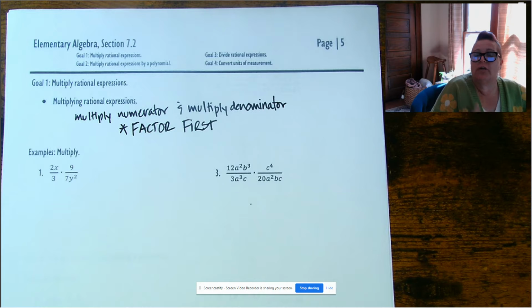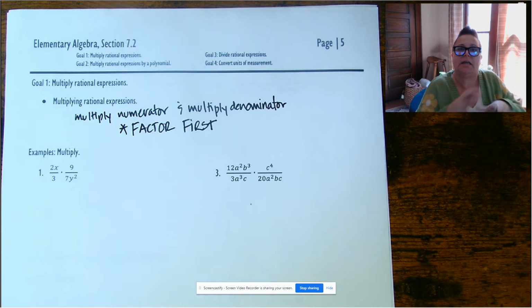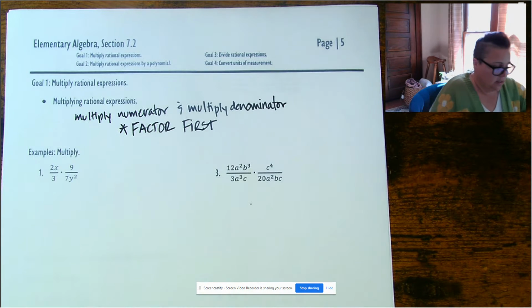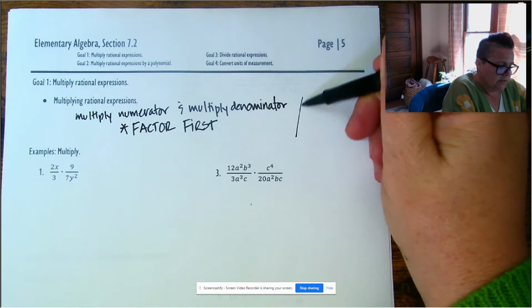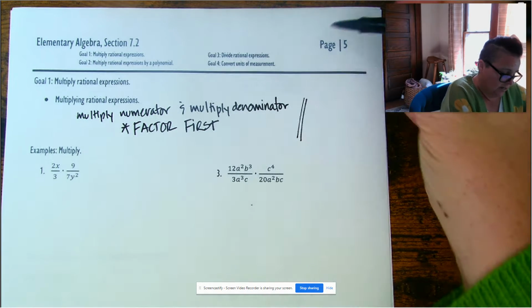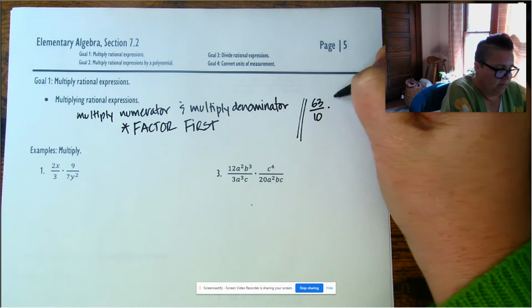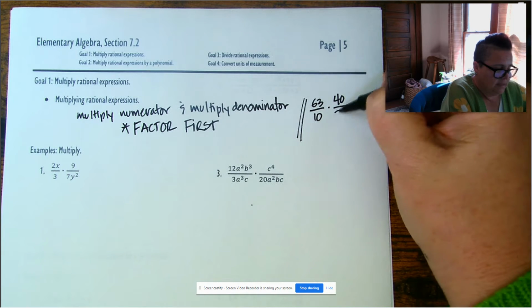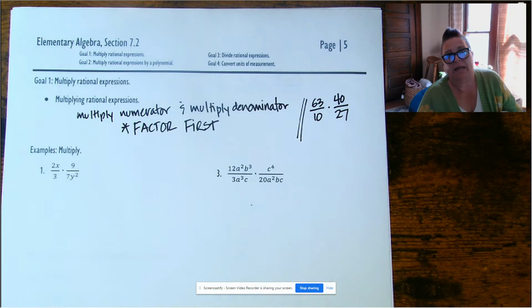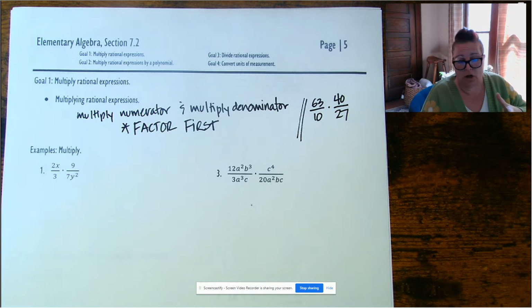If we factor the numerators and the denominators first, then we eliminate a whole bunch of work, because once you multiply them together, they just get harder to factor. This is a lesson that we hope you learned when you were doing numbers. For example, fractions like 63 over 10 times 40 over 27. Nobody wants to multiply 63 times 40 and then 10 times 27 and try to factor those large numbers.